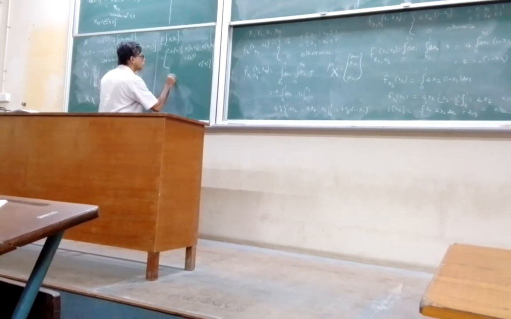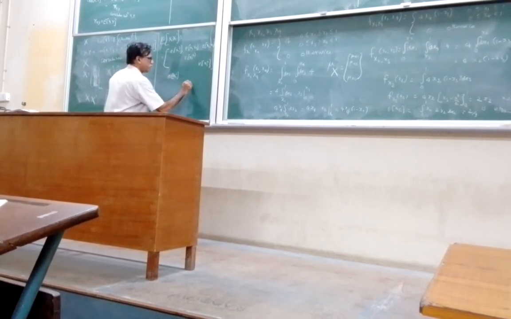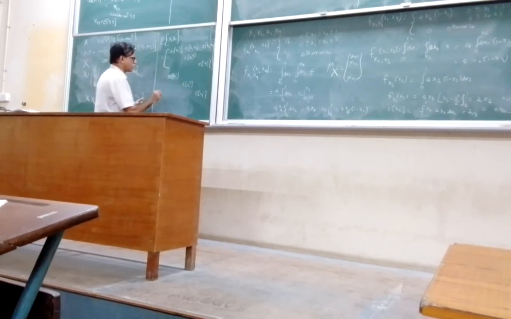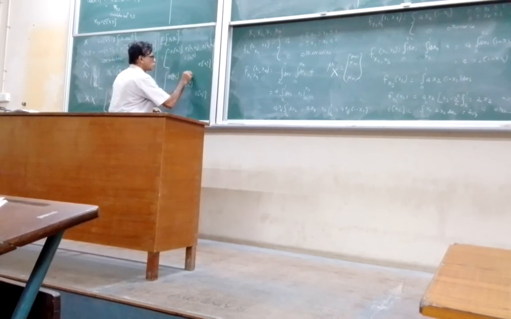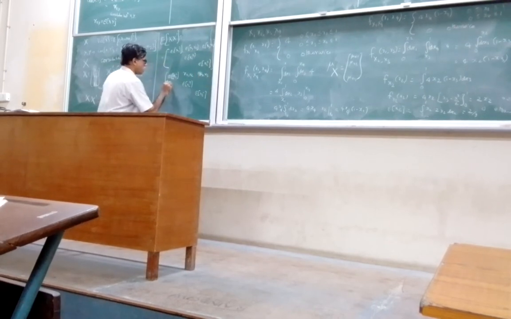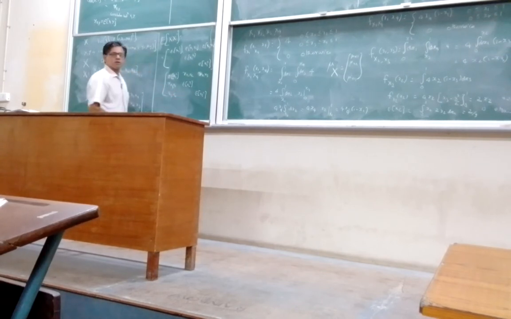I will retain x1 squared, x2 squared, which is nothing but the second moment of the corresponding random variable. For this we have a notation, or x1, x2, or x1, x3, or x3, x1, and so on. Sorry, x2, x1, and so on.